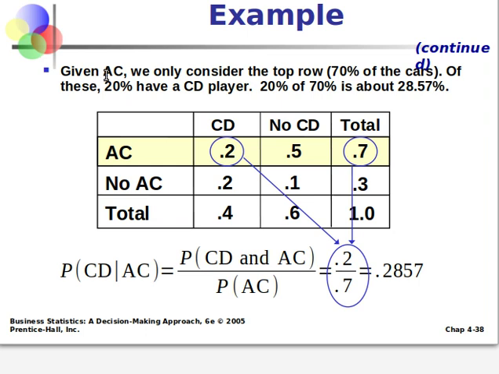Given air conditioning or AC, we only consider the top row, the 70% of the cars. Of these, 20% have a CD player. So 20% of 70 is about 28.57%.